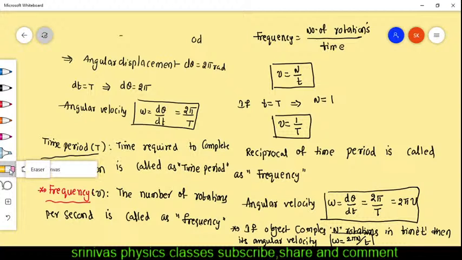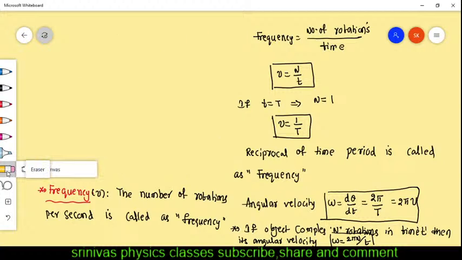I am trying to erase this side. Sometimes it does not work properly. Don't know why. Manual erasing is better.